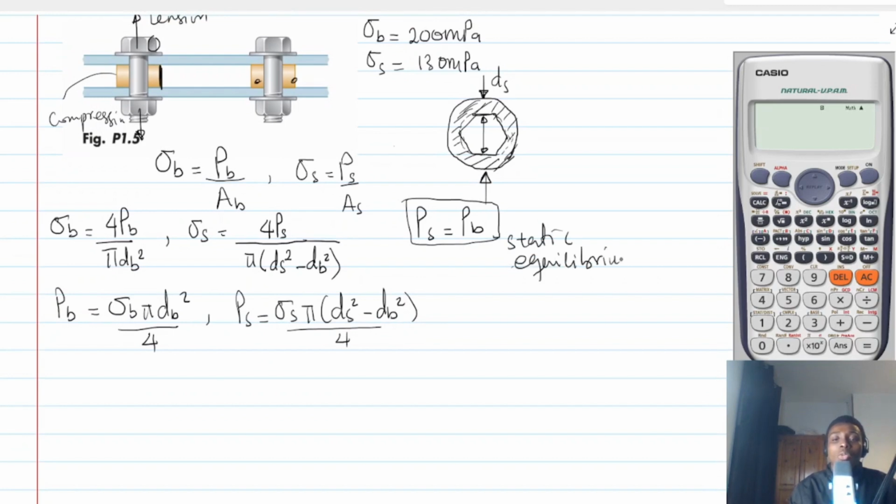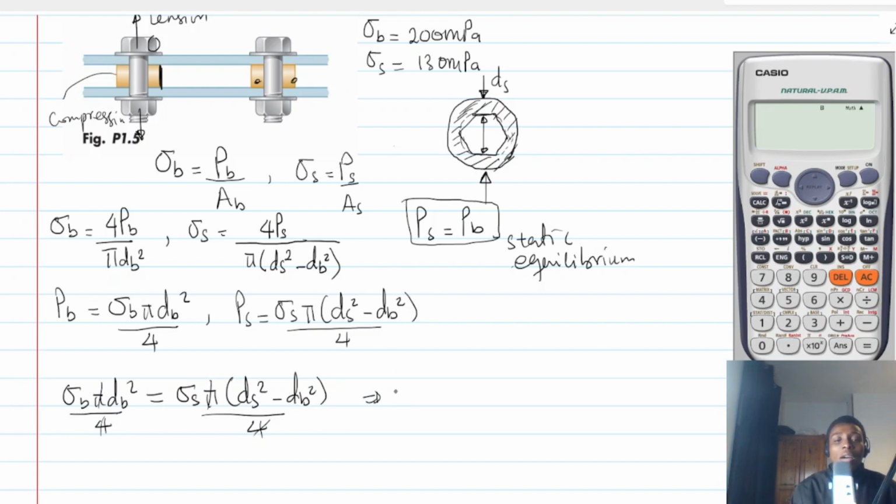So if I equate these, pi will cancel pi, and 4 into 4.